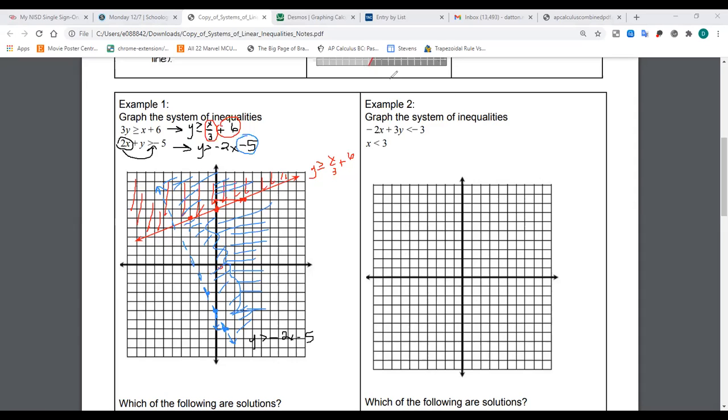So I'm going to go ahead and, let's see here, I'm trying to create a line here. So in a sense, this whole area right here is my shaded area.